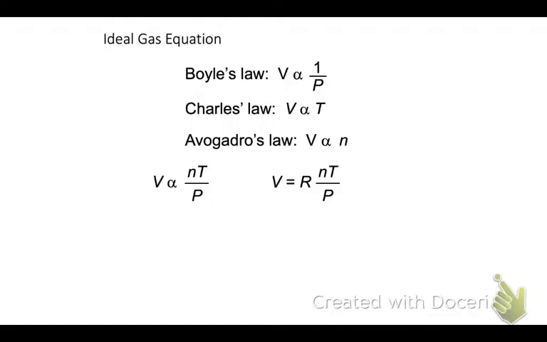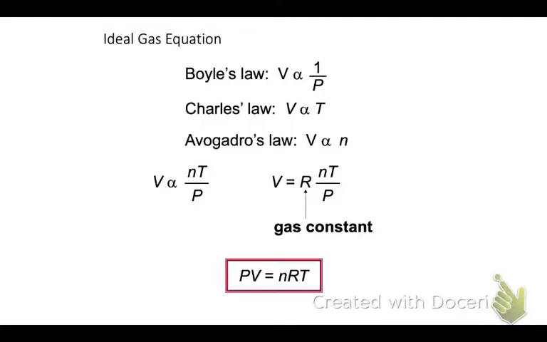Now, when I get rid of the proportionality, I have to put in a constant, which is R. So R here is what I call the gas constant. And the way it's going to be written so I can utilize it, I'm just rearranging this equation: PV equals nRT. This equation is what we call the ideal gas equation.